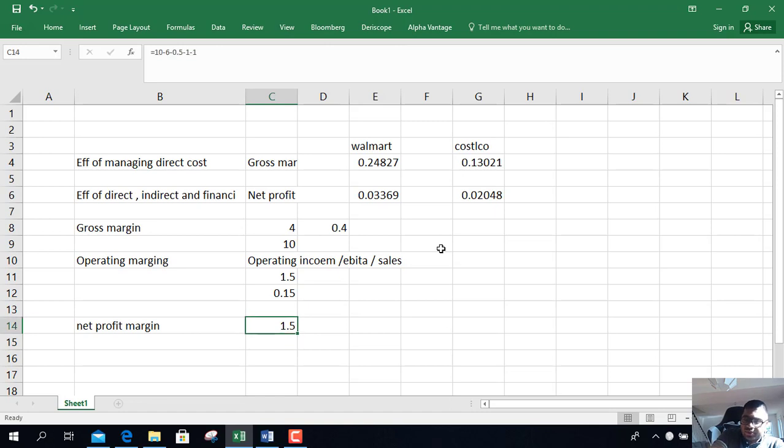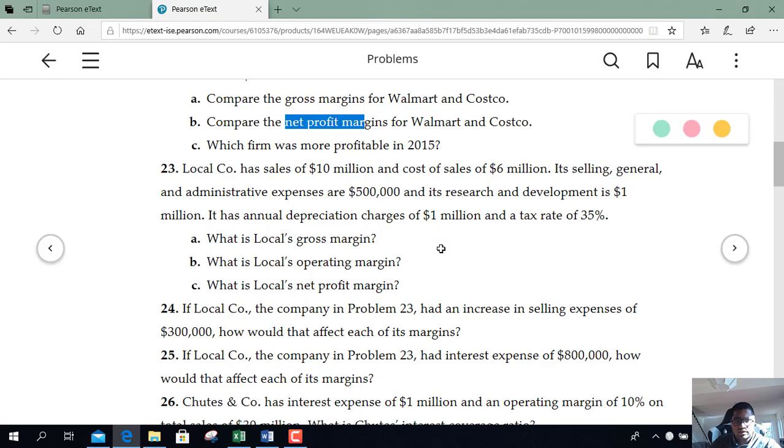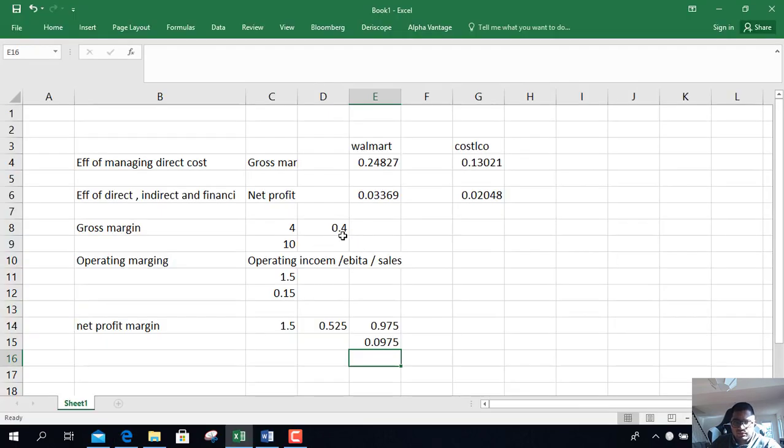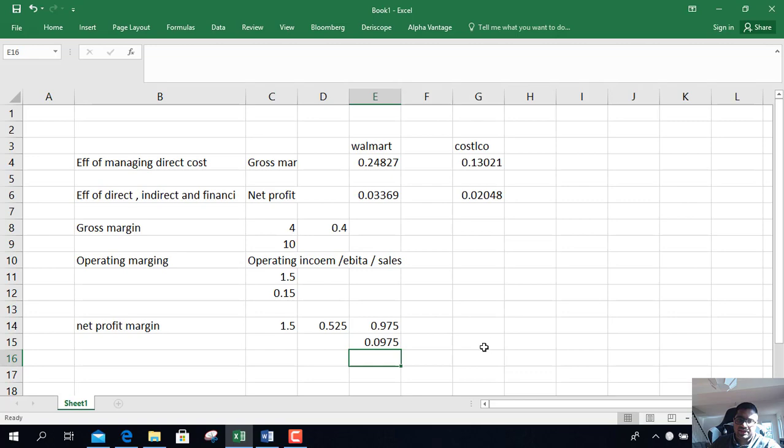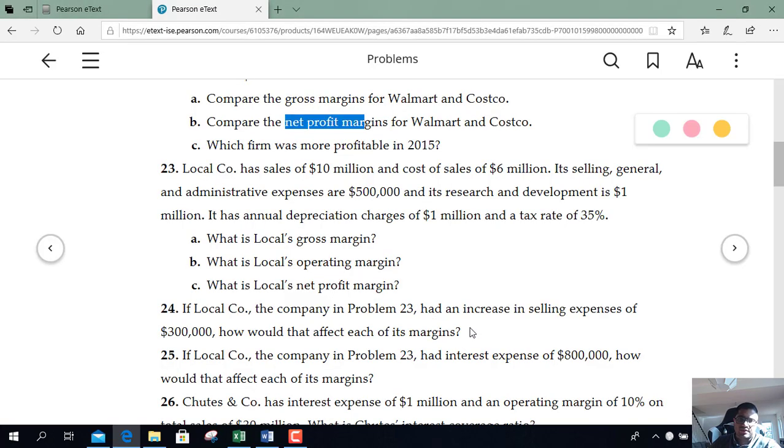So this was profit before taxes. You have to pay 35% taxes on it. That's what is given. So what is left after taxes is your net income. So net income is 0.975, and this divided by sales of 10, that is 9.75%, would be net profit margin. So gross margin 40%, operating margin 15%, and net profit margin after considering everything, even the taxes, is 9.75%.